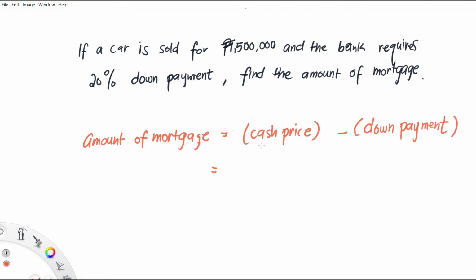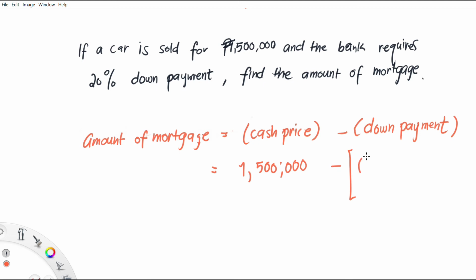We already know what the cash price is, which is 1.5 million pesos. For the down payment, we still have to find the 20% of 1.5 million.